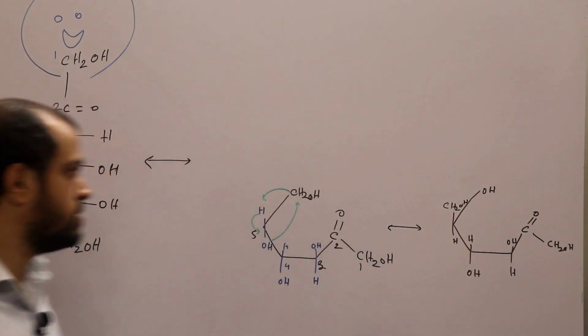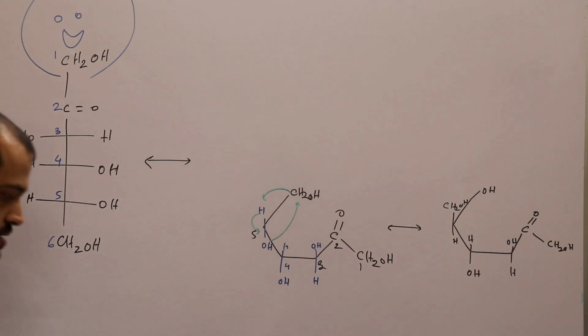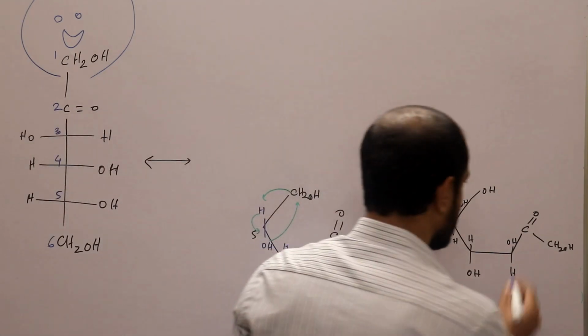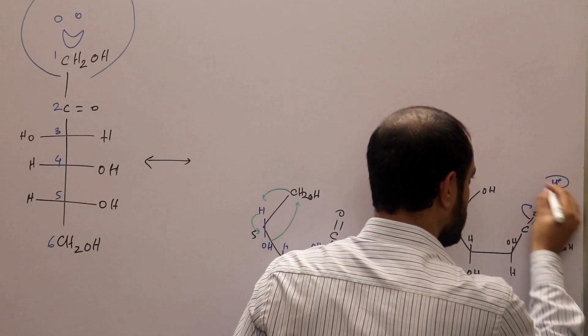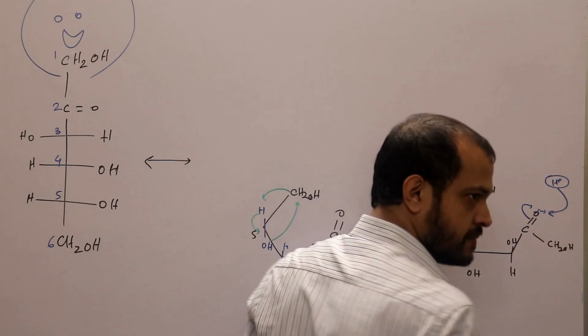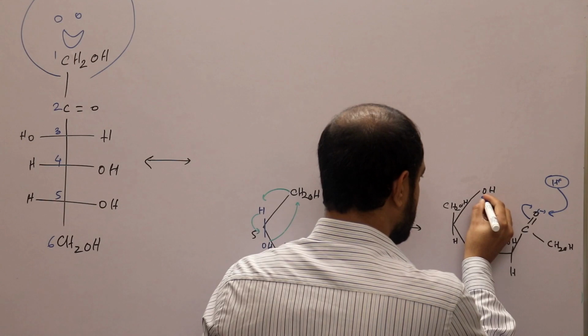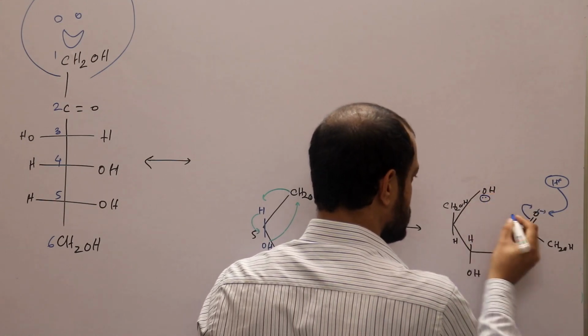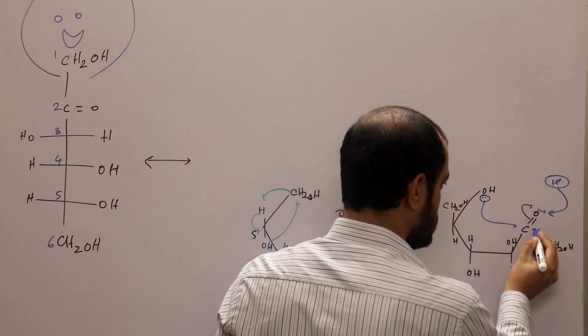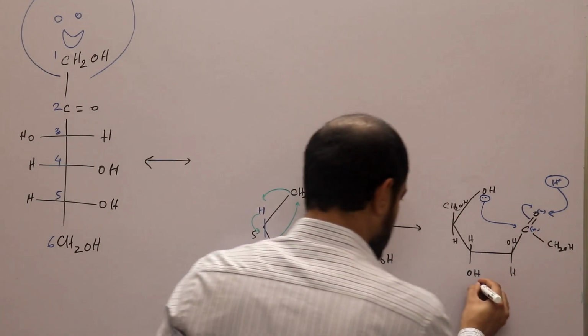Now again, what will happen? H plus from solution will attack here, and the lone pair from this oxygen of the OH group will attack here. Why? Because this is positive. What will happen?